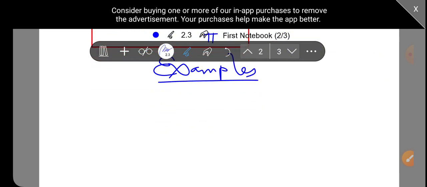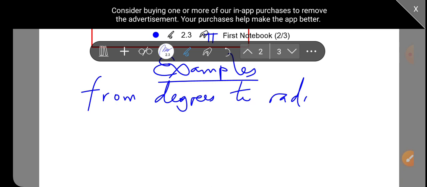Now, in these examples, we have been asked to change the following angles from degrees to radians.